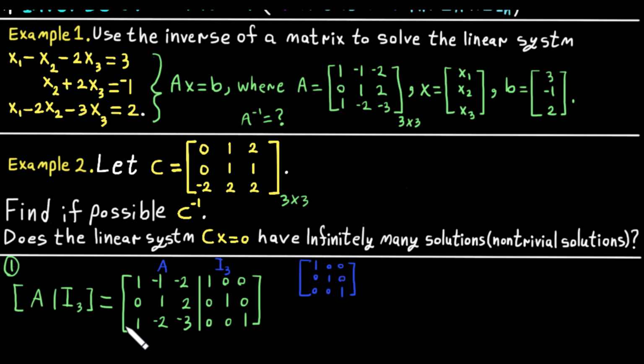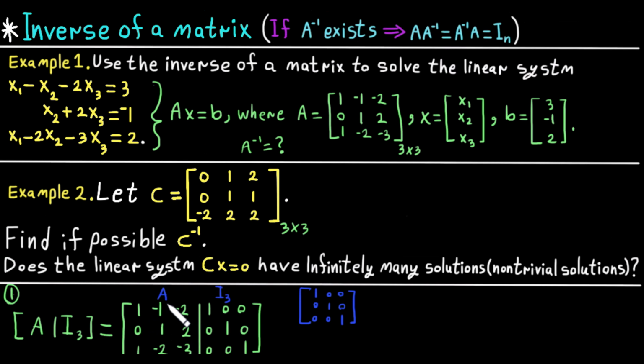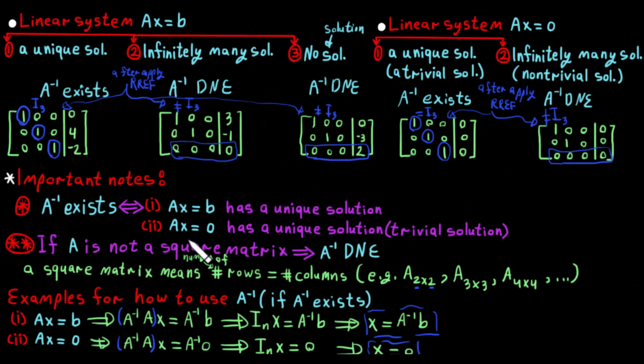But if you have a 0 row, for example, let's say here you have a 0 row, then you have to switch it to the bottom. If you have a 0 row, then you will decide that you cannot transform A to identity. Therefore, A inverse does not exist, as we discussed here.